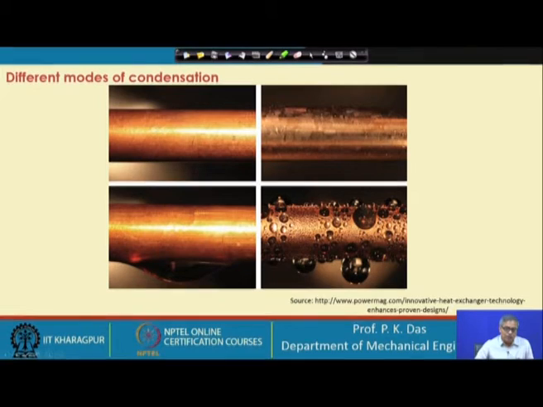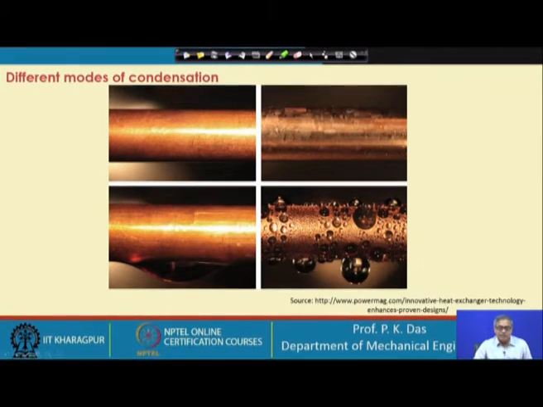But here what you find, you cannot find anything. Here actually there is a thin film of liquid over the tube and film condensation is taking place. Condensation is of two types, one is film condensation. So, here we can see film condensation. The film is getting collected, that is why you can see this liquid drop here.